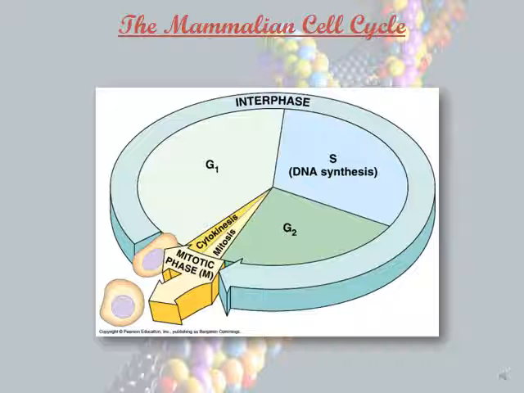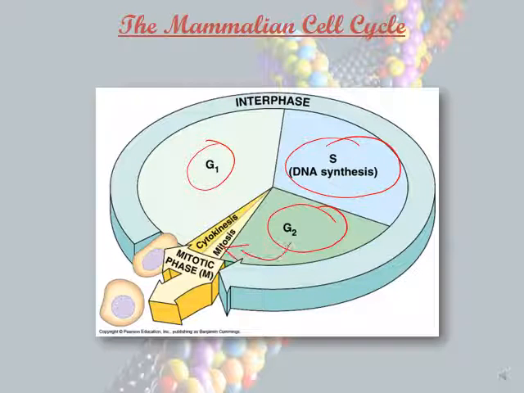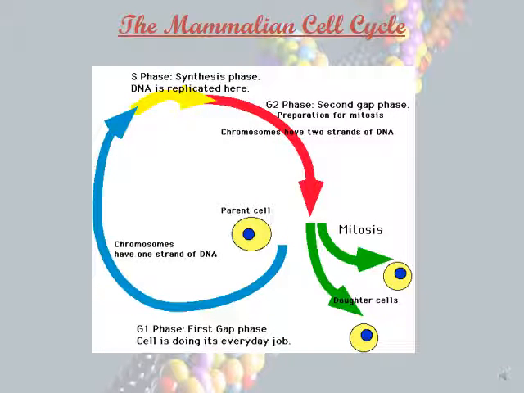So these are the phases: G1, S, DNA synthesis, and G2, and then we have mitosis. DNA replication occurs during the S phase. G2, as I said, is preparation for mitosis, where we have two daughter cells identical to the mother.